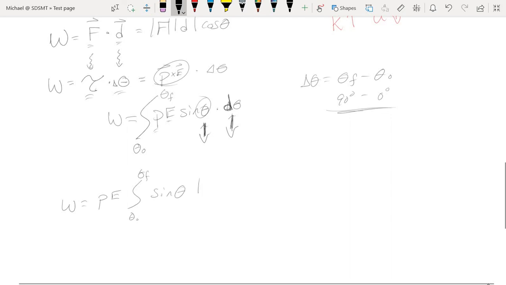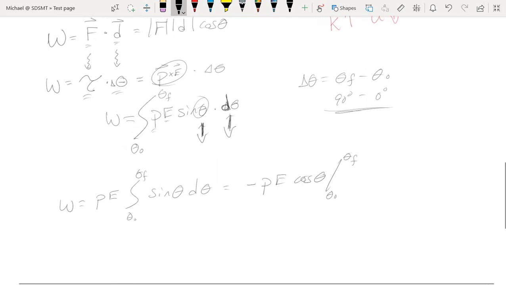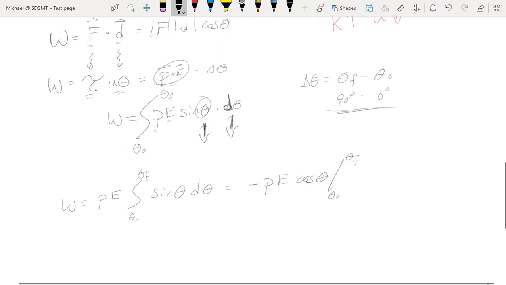But we have to integrate sine of theta. So the integral of sine theta is negative cosine. So we get negative PE cosine theta evaluated at the limits. So again, these can be any start and stop points that you want, including these.